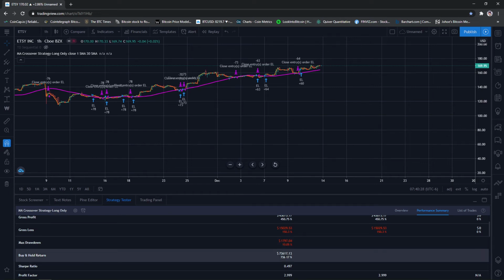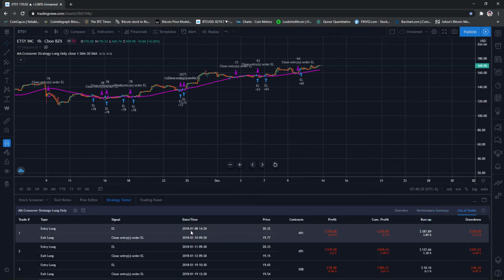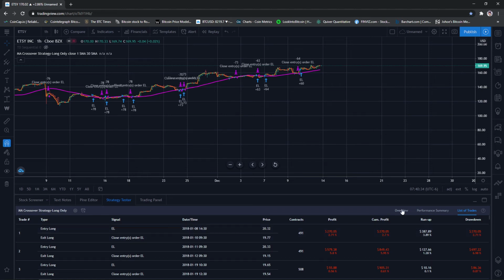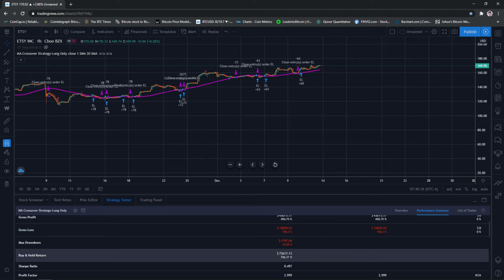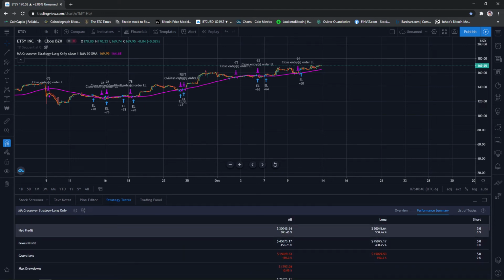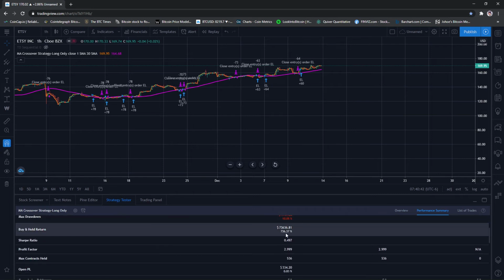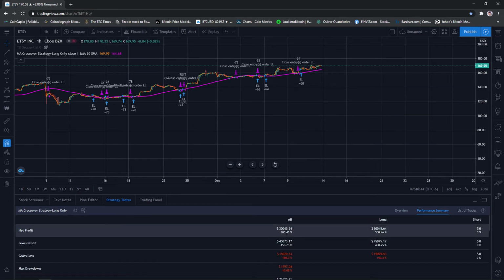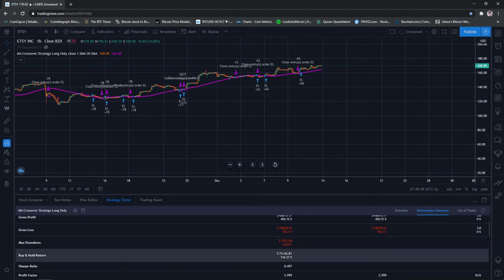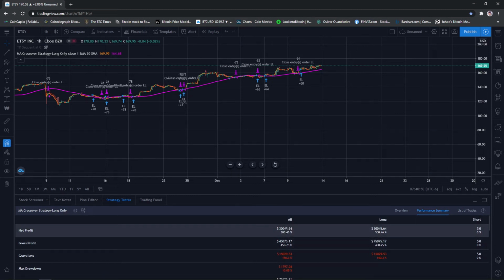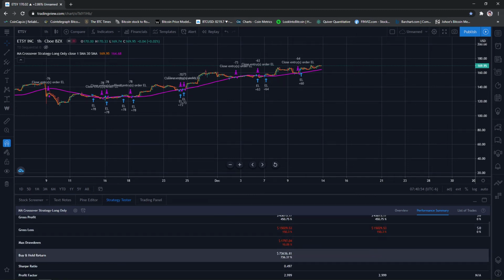If you would have bought and held here from 2018 on January 8th, you would have a return of 736%. So actually, buying and holding an original position of the same dollar amount would have warranted you 2x. So sometimes the strategy would have warranted you 300, but buy and holding was much better.